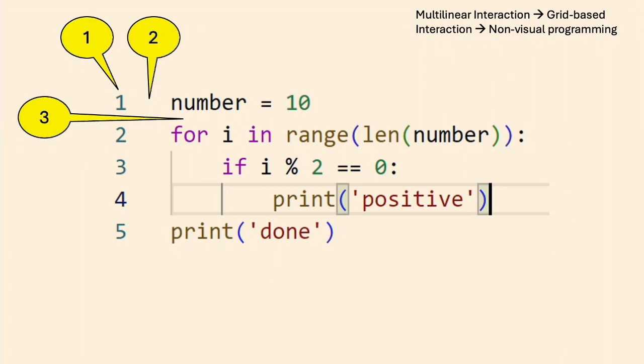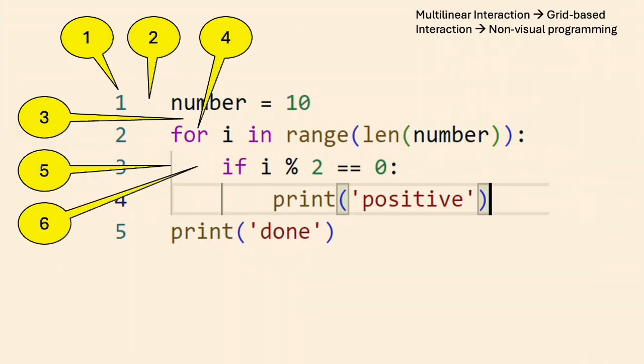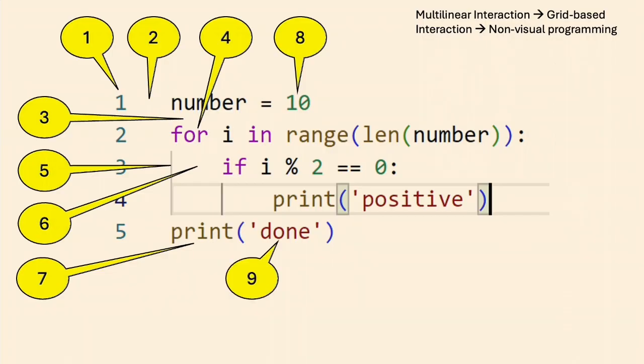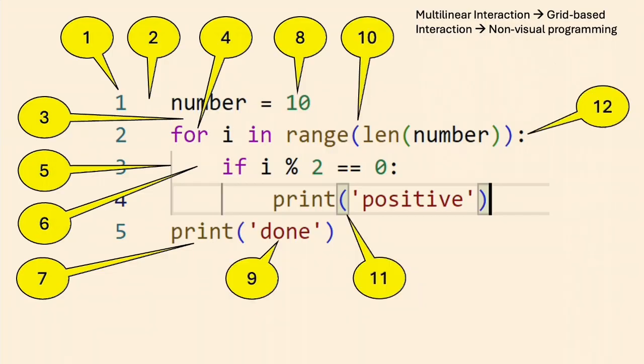We understand. The colorful keywords, the vertical line to give some insight about the indentation, the gap between the line and the first keyword. So there are around 13 visual cues in a small code snippet.